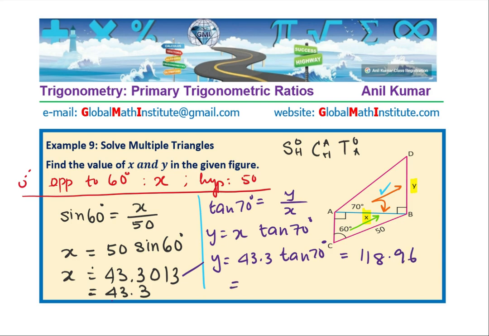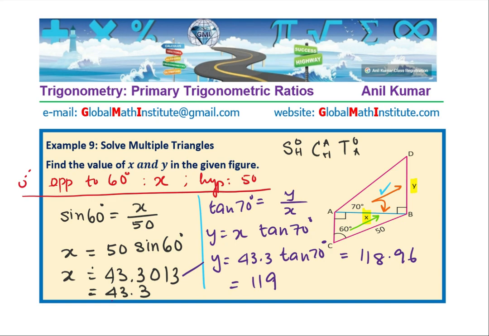So this side is 119 units. Do you see that? So that is how we can actually solve this particular question. Get an idea? So multiple triangles can easily be solved as shown in this example.